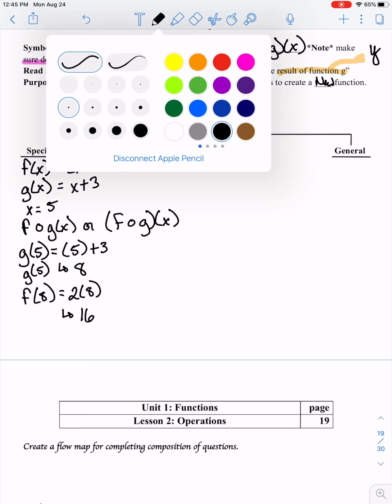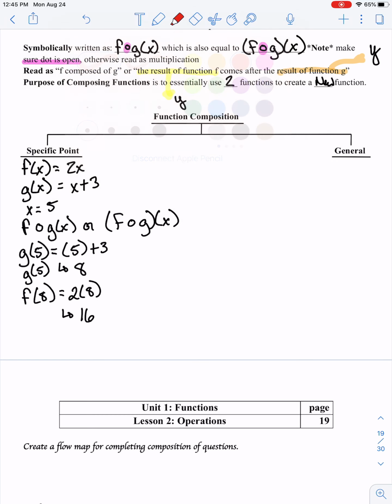A note about a specific point: it's always a number. When you compose a function into another function at a specific point, it is always a number.